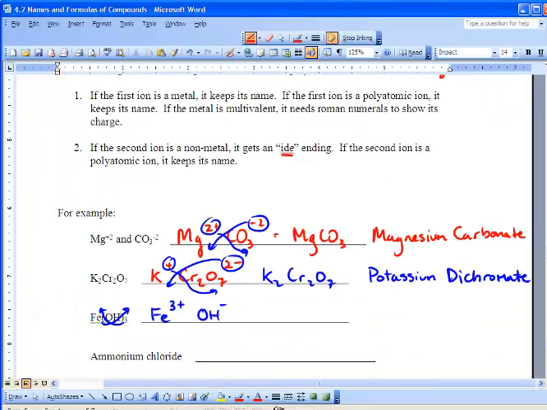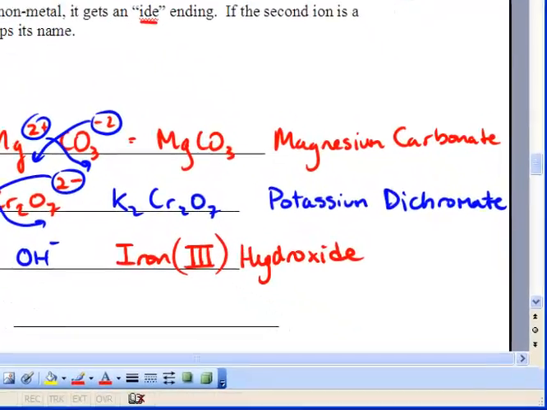So we need to be able to state what charge we have. And going back to our multivalent metals from yesterday, we've got iron(III) hydroxide. And that 3 tells us what charge is on our iron.